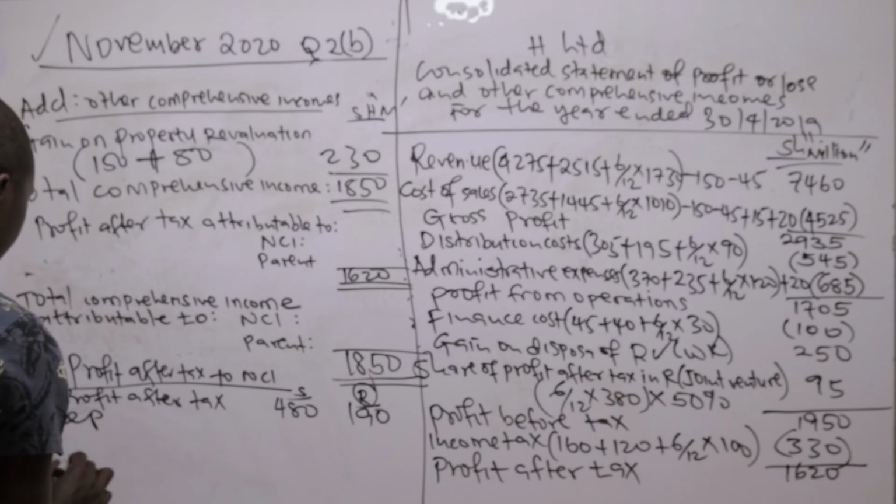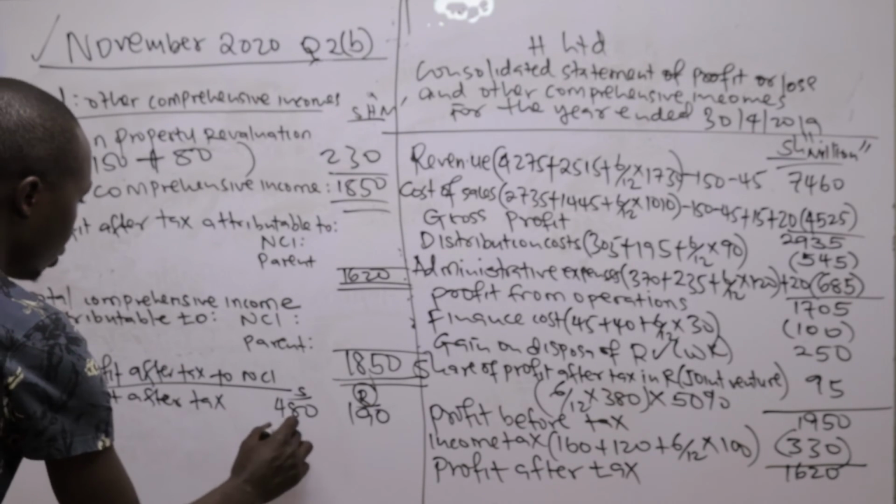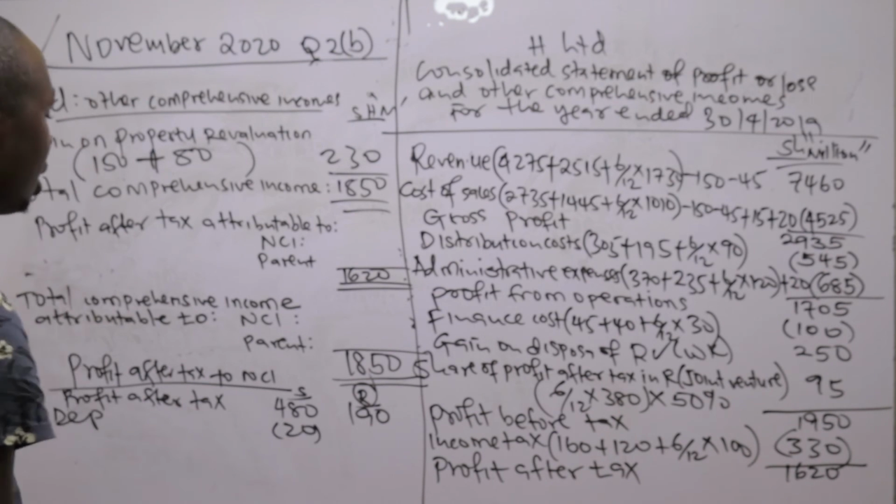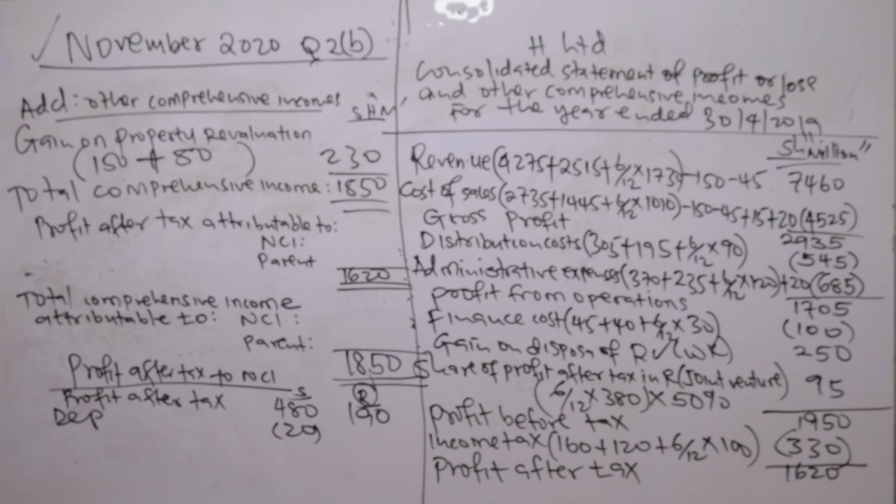So there was that depreciation of 20. That one is deducted because it was based on a fair value uplift. They had not adjusted the 20 on this profit, the depreciation, based on the fair value uplift of the plant.